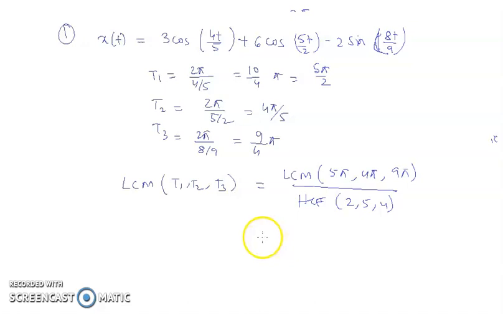The LCM, a number which is divisible by all three, 5π, 9π and 4π, is 180π. Here the highest common factor is 1. So 180π is the resultant time period of this signal having three components.